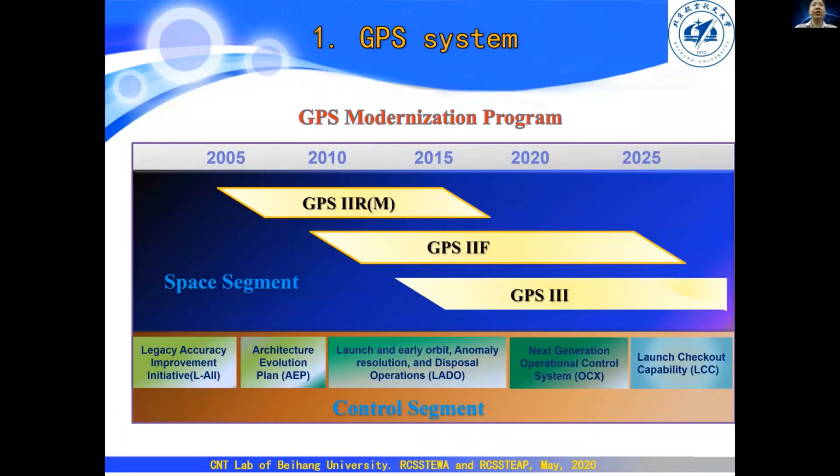The GPS modernization program included GPS IIR and IIF, and then GPS III. Now we have two GPS III satellites in space.